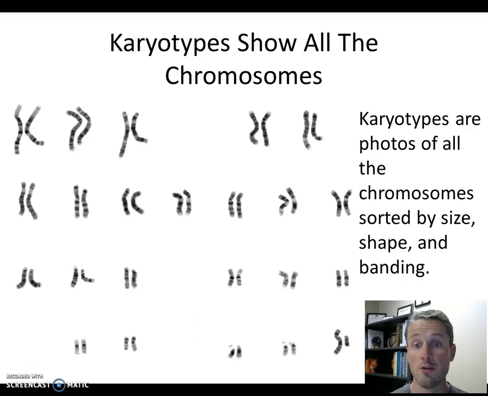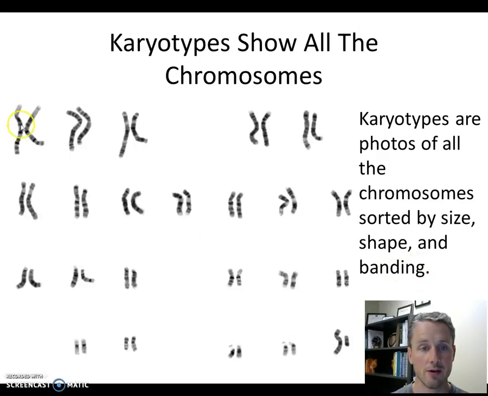So we do that for human cells all the time. And when we do that, we generate what we call a karyotype. So karyotypes are just images that show all the kinds of chromosomes. So here we're looking at a karyotype, and it's a photo of all the chromosomes sorted by their size, shape, and banding.